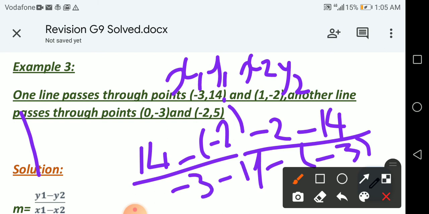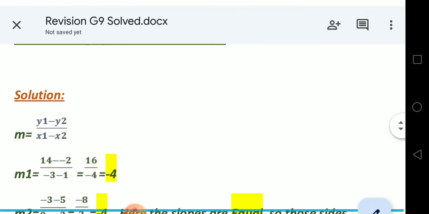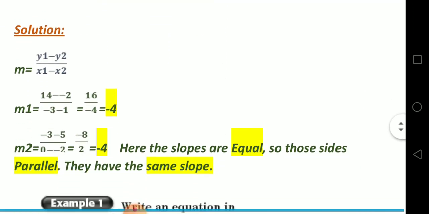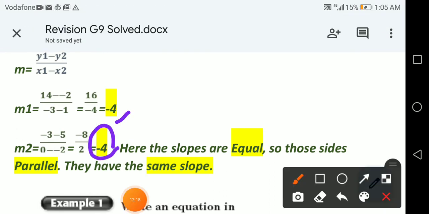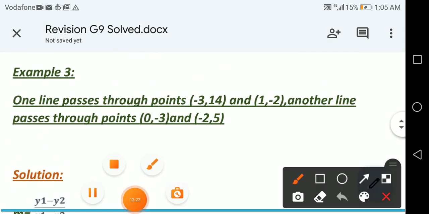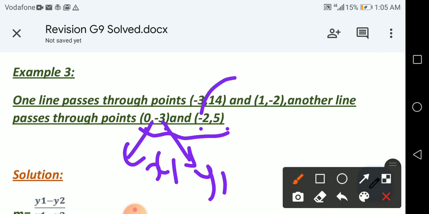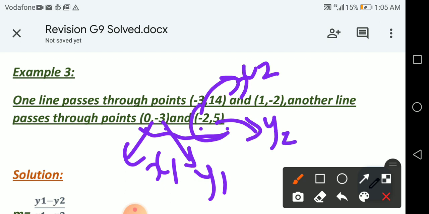It will give me the same answer for the first line, and then I will do it for the second line. The second line, guys, has points 0, negative 3 and negative 2, 5. So I have x sub 1, y sub 1, x sub 2, y sub 2 for the second line.